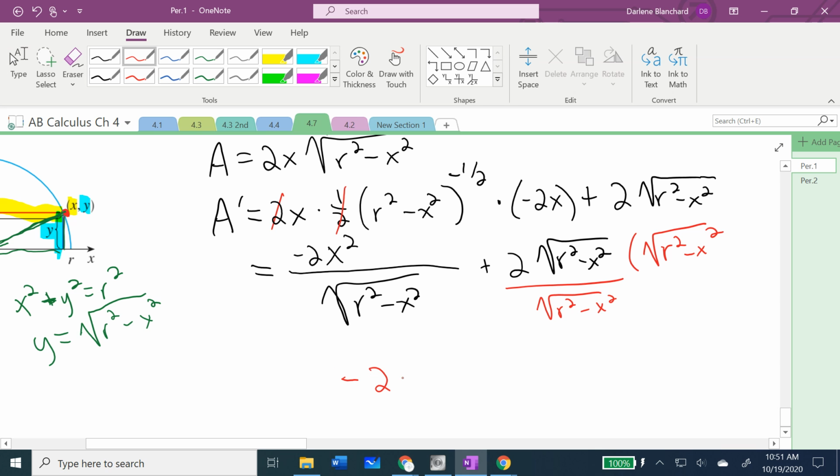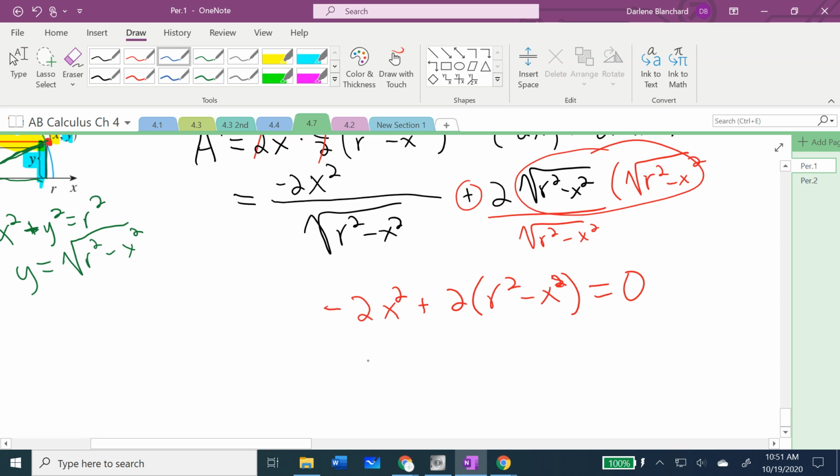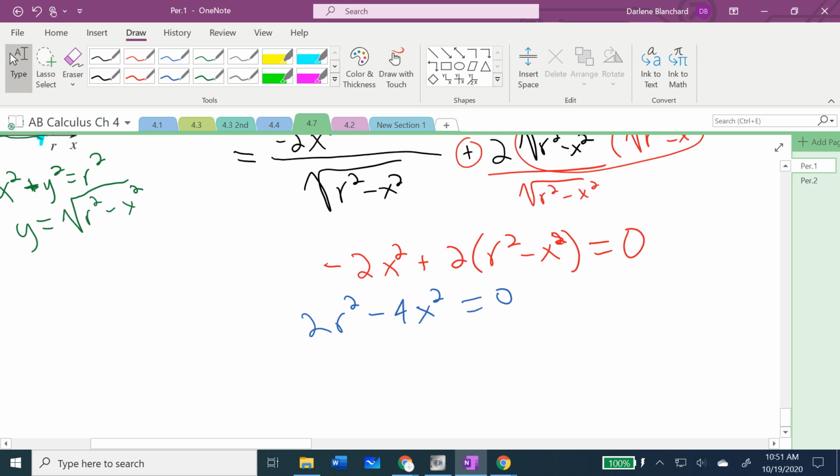The numerator is negative 2x squared plus 2 times the quantity r squared minus x squared when I multiply these roots together. And I want to solve for what makes it equal to 0. So I have negative 2x squared and another negative 2x squared making negative 4x squared plus a 2r squared. And I need to solve for x.